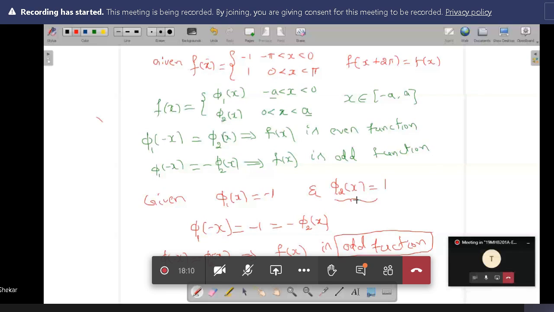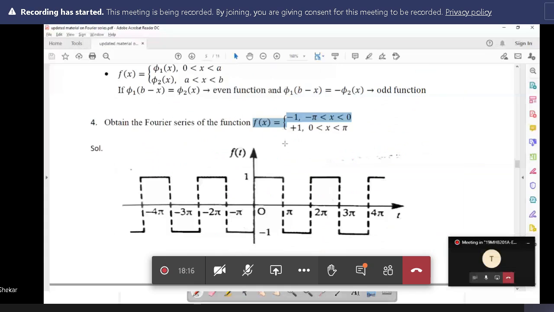Or else, if you check the graph given in the PDF, I can easily say whether it is even or odd. You just see this part, it is symmetric about the origin, not the y-axis.